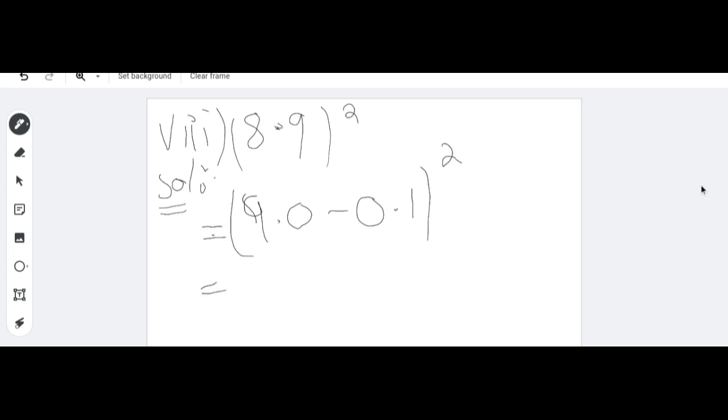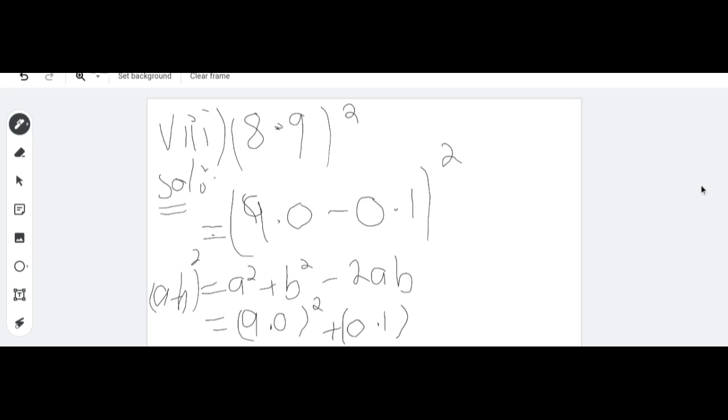So I have to open this formula for the square, according to minus: a minus b whole square gives me a square plus b square minus 2ab. Understood? So I will do this. Yes, 9.0 square, because this is the easiest one, plus 0.1 square minus 2 into 9.0 into 0.1.